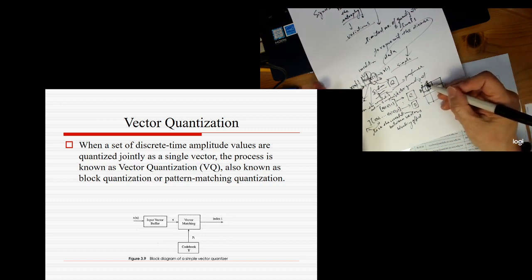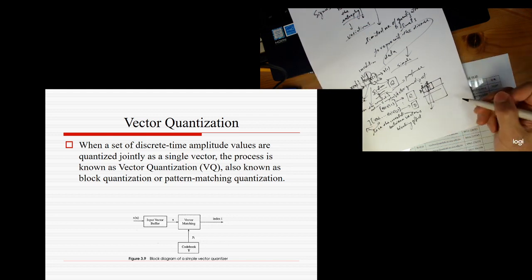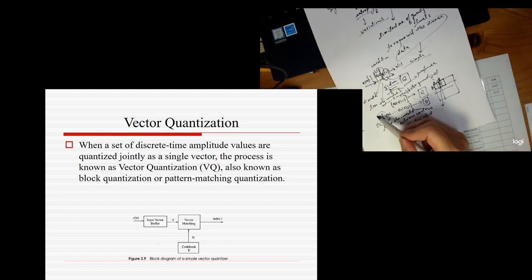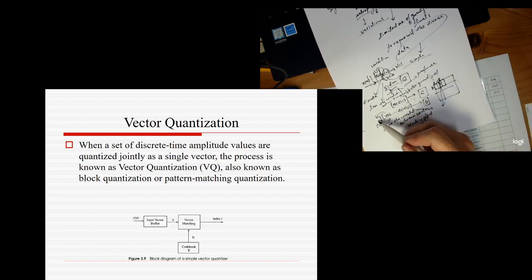So they do not consider the boundary information of neighboring blocks. This is the blocking effect. Likewise in vector quantization, you do not consider the correlation of neighboring vectors, even though these signals are neighbors and should have some correlation.